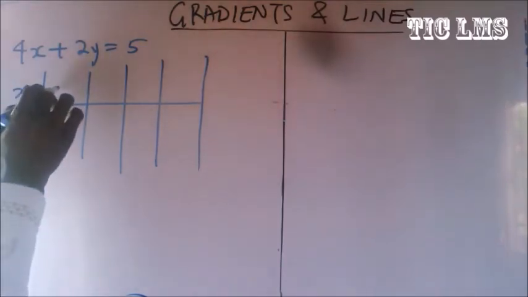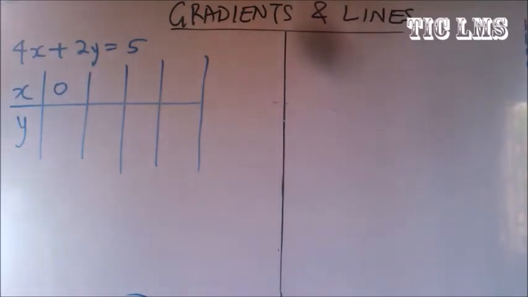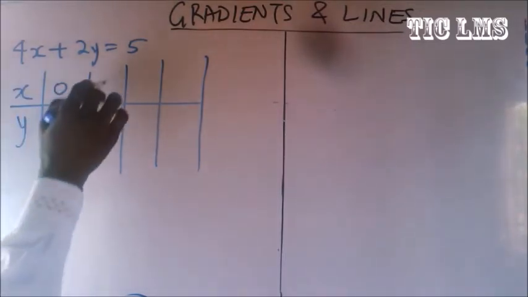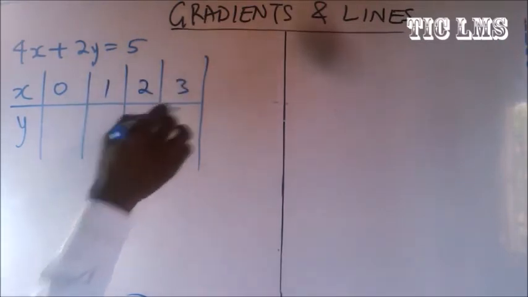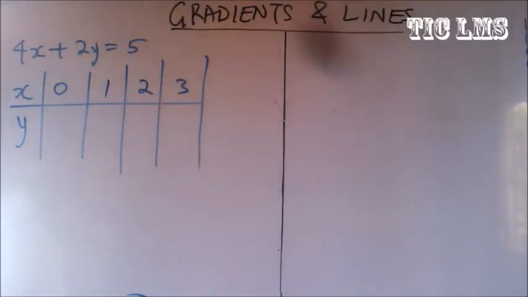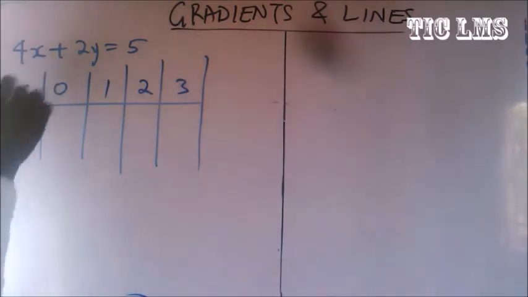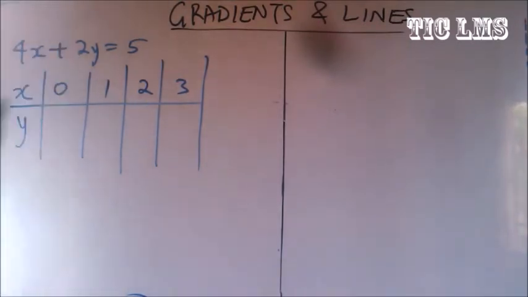So we would have, when x is 0, what will be the value of y? Likewise, 1, 2, 3. You can have 4 numbers like this, and then you look for the value of y when x is any of these. So if x is 0, what will be the value of y?